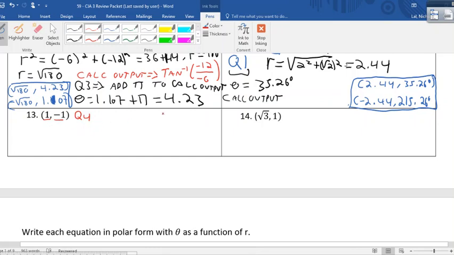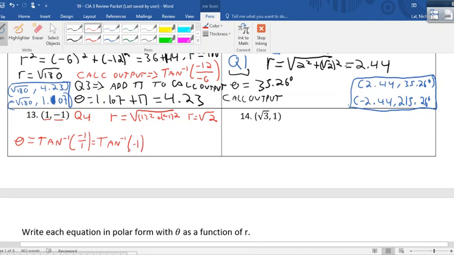So r is going to be equal to the square root of 1 squared plus negative 1 squared. 1 squared is 1, negative 1 squared is 1, 1 plus 1 is 2, so r is equal to the square root of 2. Theta is going to be equal to the inverse tangent of negative 1 over 1, which is negative 1.